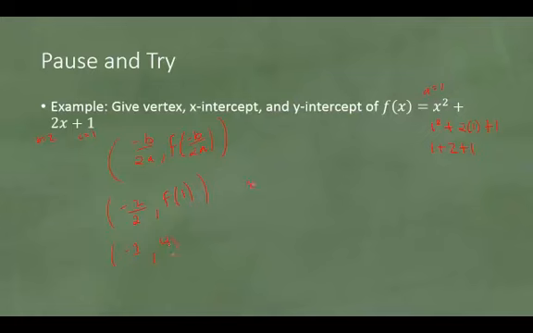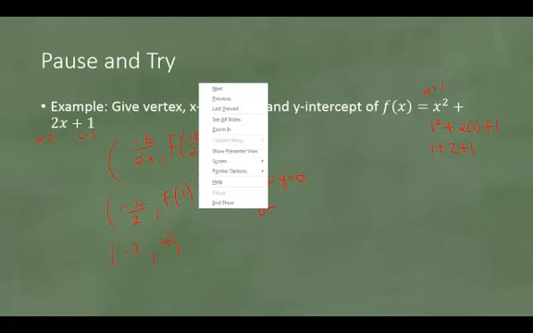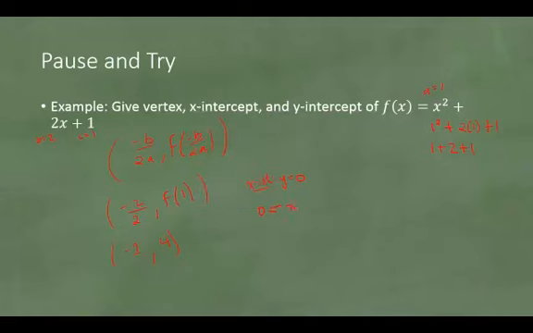X-intercept is when y is equal to 0. So we have to solve the equation 0 is equal to x squared plus 2x plus 1. Remember, the quadratic formula solves that. You can also factor this. This is equal to x plus 1 times x plus 1, which tells you, remember, that your two solutions are x is equal to negative 1 and x is equal to negative 1.